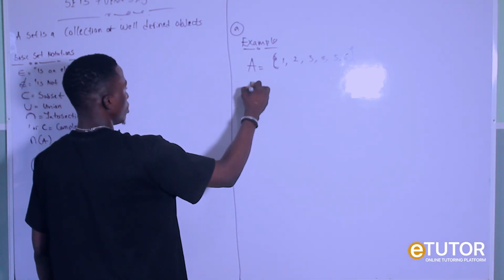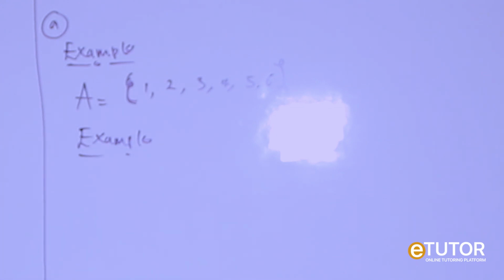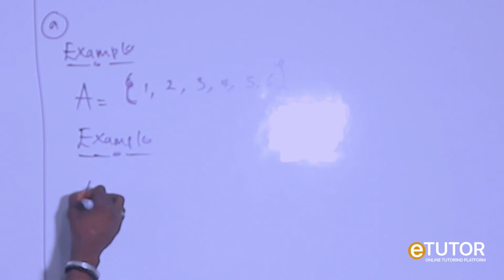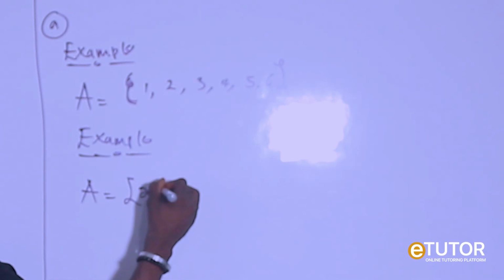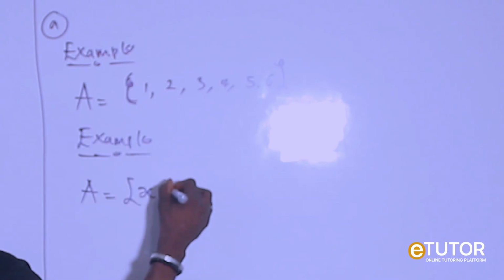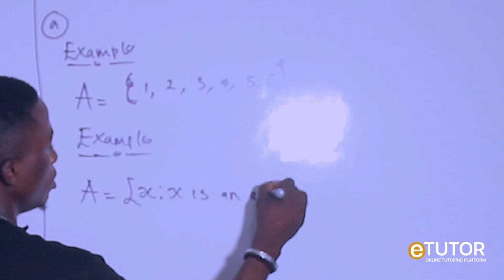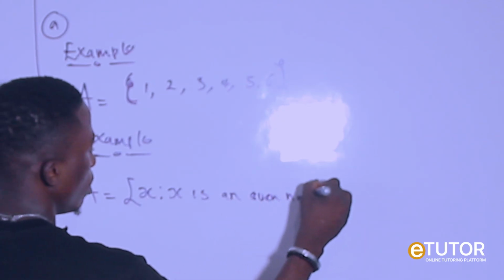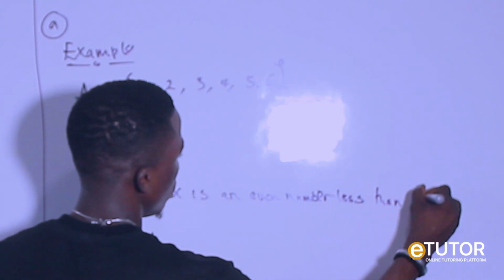While the second one is the set notation method. This one involves you actually defining the set. So let's say we have a set A equal to {x : x is an even number less than 10}.